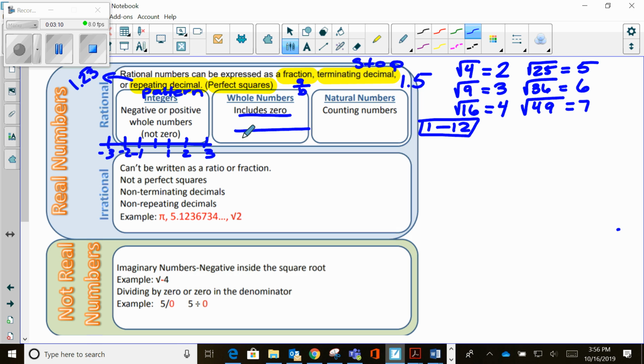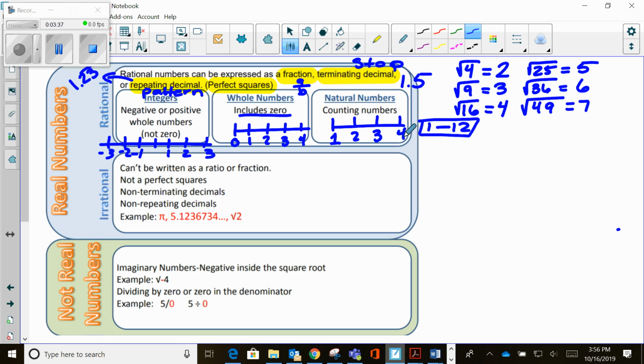So when I'm looking at a number line, I'm starting at 0 and I'm counting forward 1, 2, 3, 4, and so on. My counting numbers, or my natural numbers, are the numbers that we learn to count with when we are young. So we start counting at 1. So our natural numbers, our counting numbers, start at 1, 2, 3, 4, and so on.